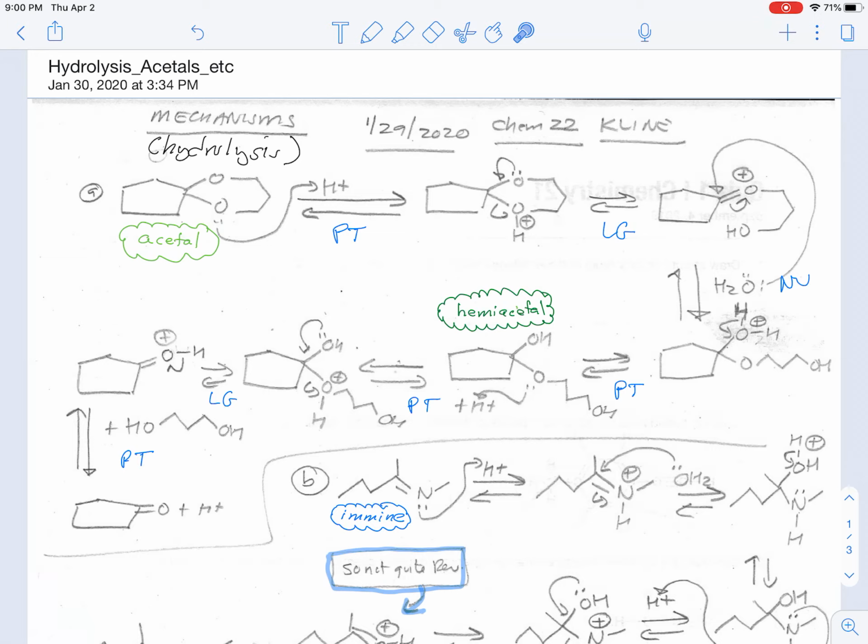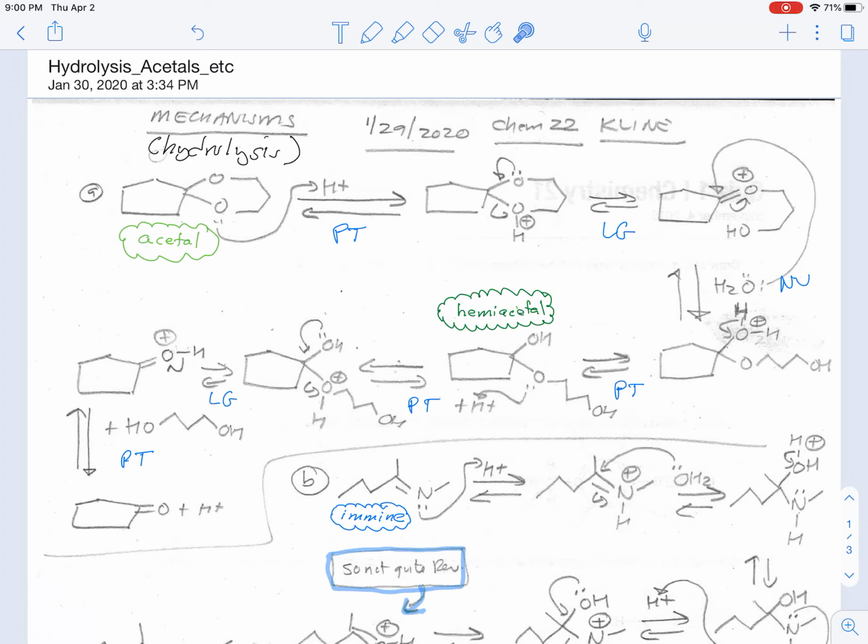That gives us this species, and the oxygen nucleophile now attacks the carbonyl carbon, the electrons move out, and we end up with an oxonium ion. You can either have something that's a strong acid dissociate on its own, or you can pull it off with a suitable base, like water in this particular instance. Once we get to here, we've now reached the hemiacetal.